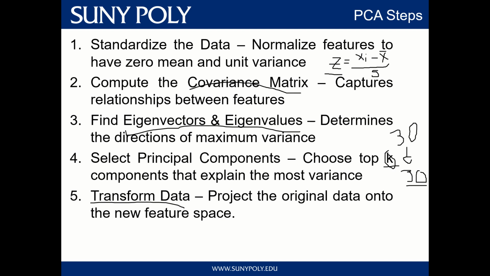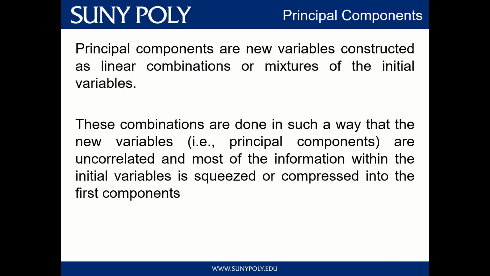Okay, so let's solve an example. Before we go to the example, let me just define a principal component. What is each principal component? These are new variables. They are constructed, they are linear combinations of the initial variables. So let's say that we have 100 variables, x1, x2 up to x100.